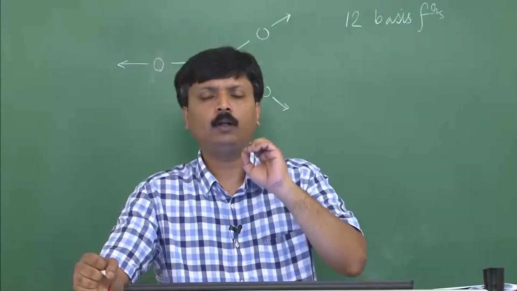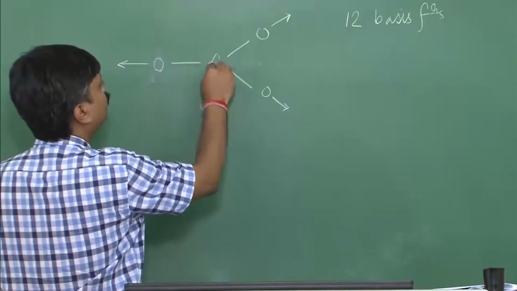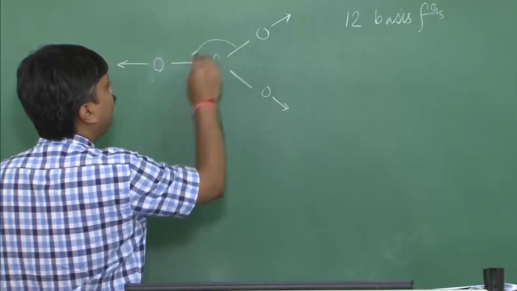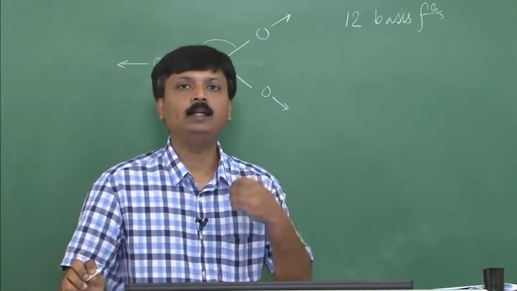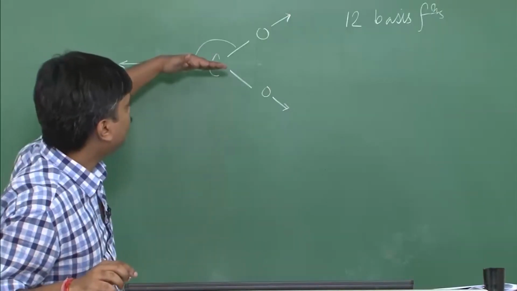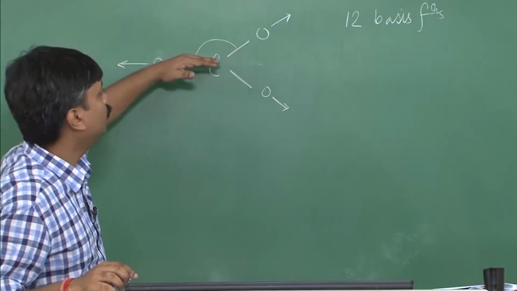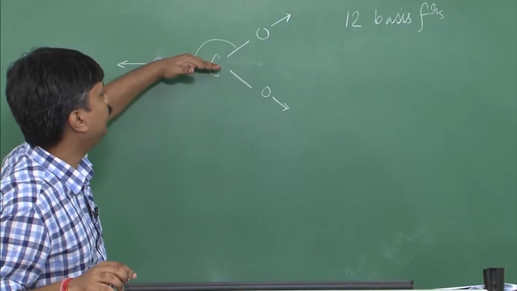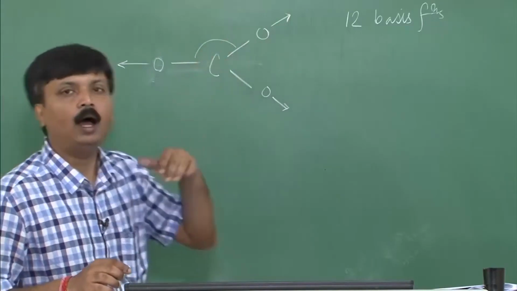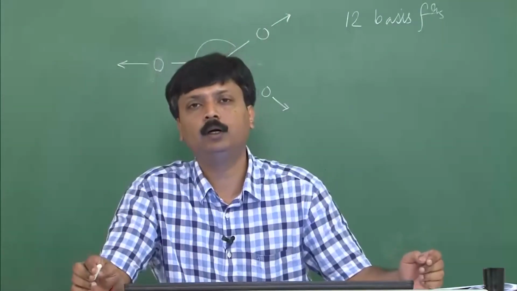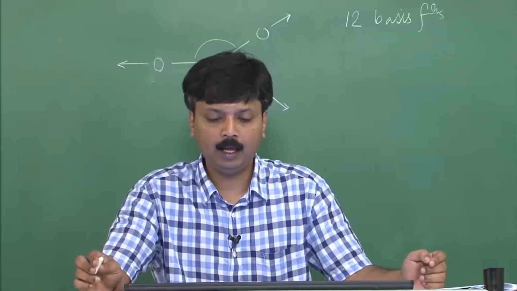I can also take the angle between these two CO bonds as one of my basis functions. I can also take a dihedral angle, meaning that I have a sigma plane here and this angle here, or I have this plane here and then this bond here. So the angle between them, I can take all these internal coordinates to be my basis function.